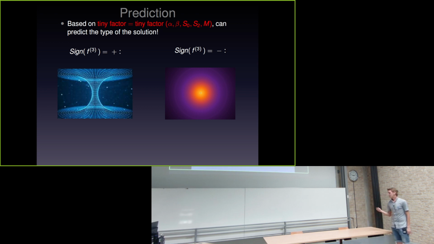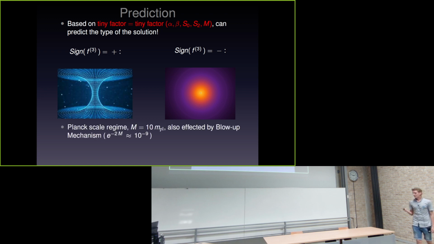And we actually have analytic control over this tiny factor outside of the would-be event horizon, because these corrections are still so small that this linearization still holds. And so we can now make a prediction of the sign of the tiny factor, based on the parameters that classify our solution.